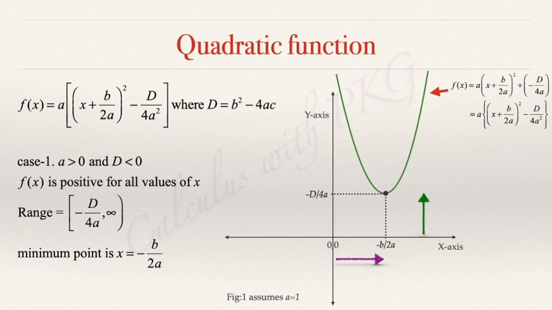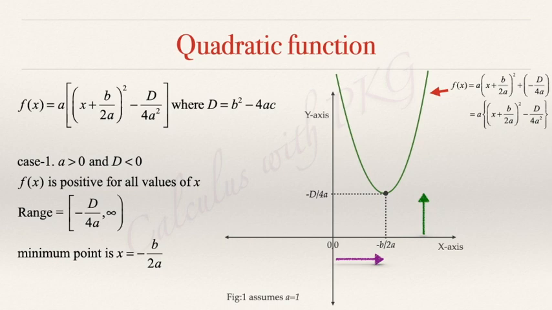As we have already talked about the domain of the quadratic function, which is always the real numbers, now we will talk about the range of the quadratic function. From the graph you can see, what is the range? Here the minimum value is minus d by 4a and the maximum value of the function is infinity.